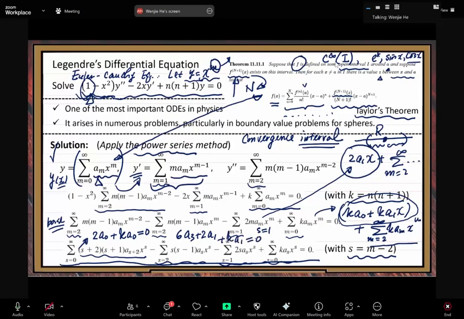The 2 and the K you can add together, because for the same A1 term, K plus 2 times A1.